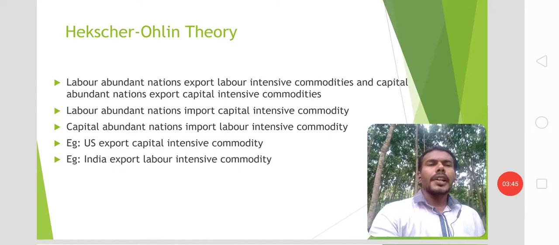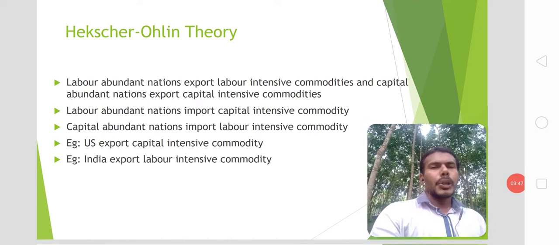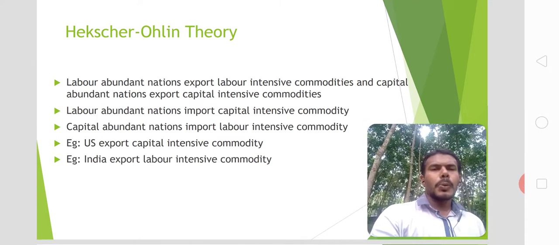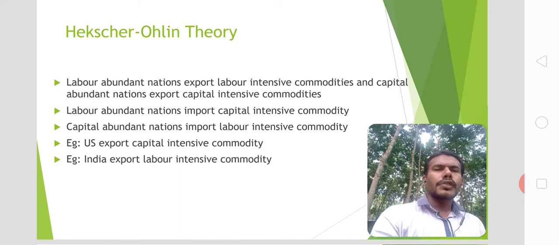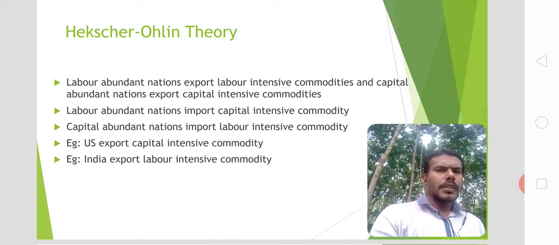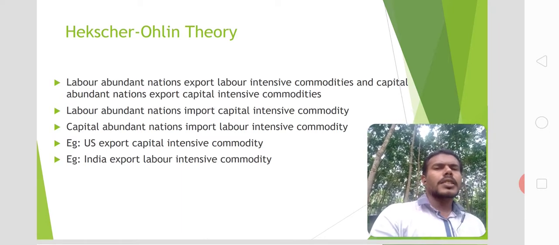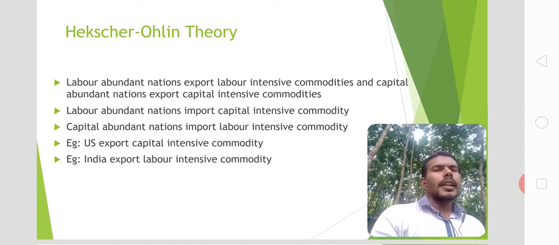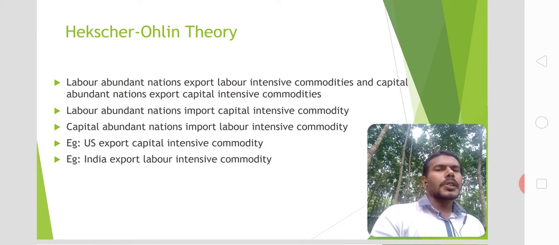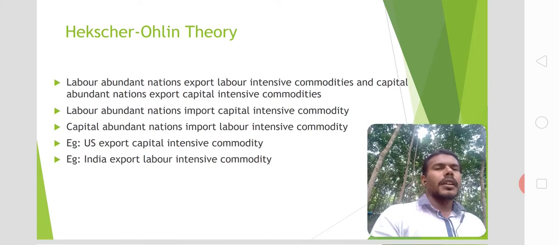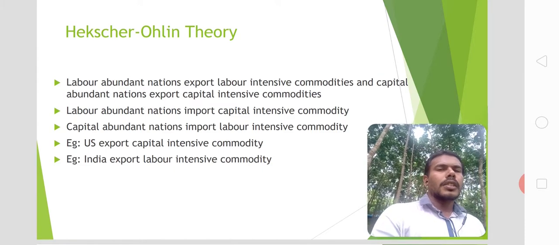So, in line with Heckscher-Ohlin theory, the United States exports aircraft, spacecraft and aircraft parts to India. On the other hand, India as a labor surplus nation exports textile, which is a labor intensive industry, to the United States.